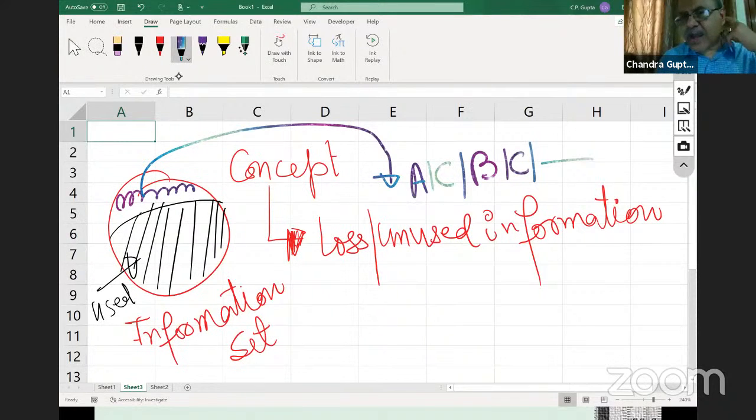And we would like to have as minimum a value of it as possible because I want to make the best use of the information for calculating my parameters. So, Mr. Rahman, that's what I can tell you in brief. We don't have much time to go into detail, so that's a feeling you can have about information-based criteria.